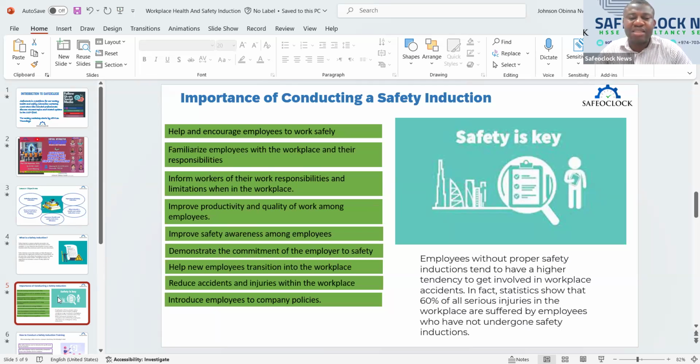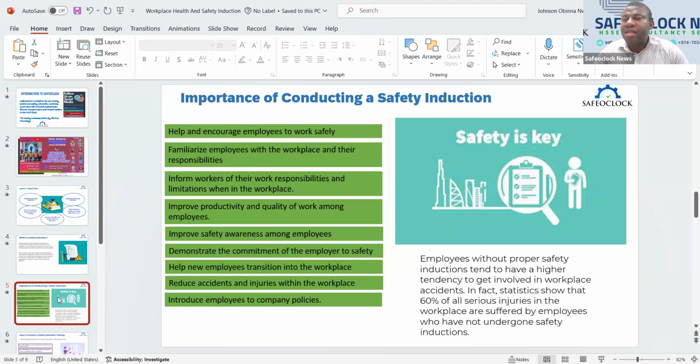Another importance is that it introduces the new workers or the new employees to the company's policy. During the safety induction, you will take time to let them understand the policies of the organization, the do's and the don'ts, what the organization accepts and what it frowns at.